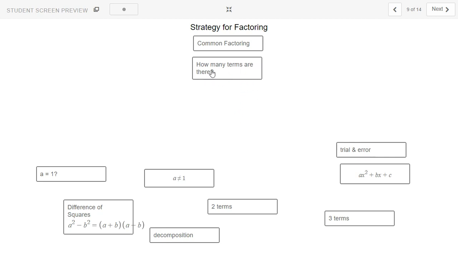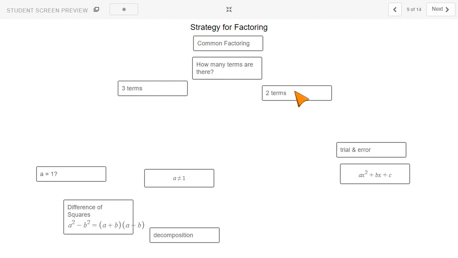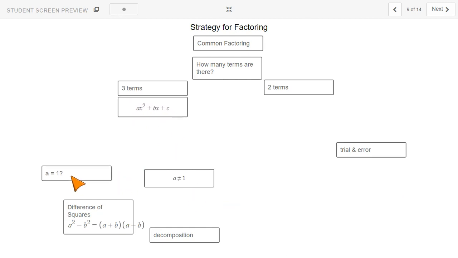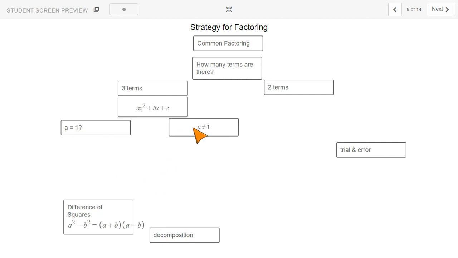So the question we ask ourselves, how many terms are there? We're able to factor things that have 3 terms or things that have 2 terms. Now, if it's a trinomial, we would have an equation like that. Sometimes we have a is equal to 1. Sometimes we have a is not equal to 1.